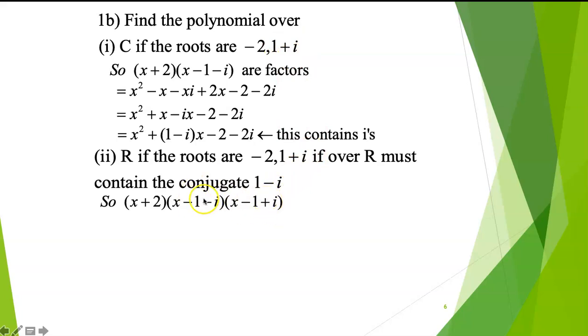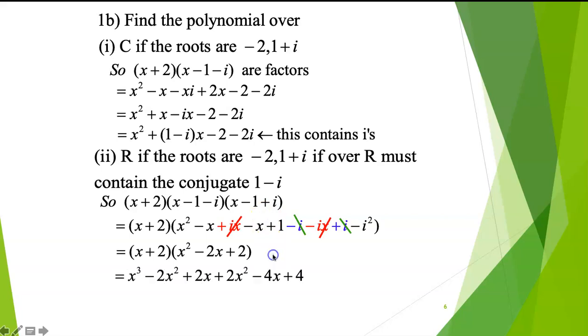Now rewrite all the roots as factors: x plus 2, x minus 1 minus i, and x minus 1 plus i. Expand and simplify, and you'll end up with a polynomial with a degree of 3, and it's over R, meaning it has no i components.